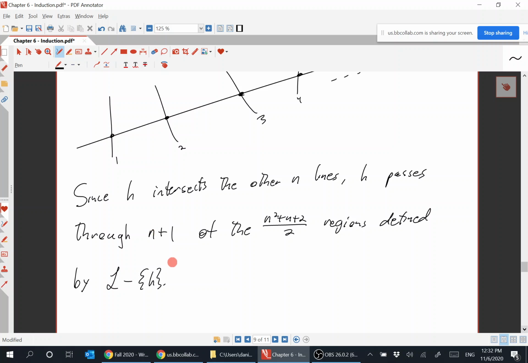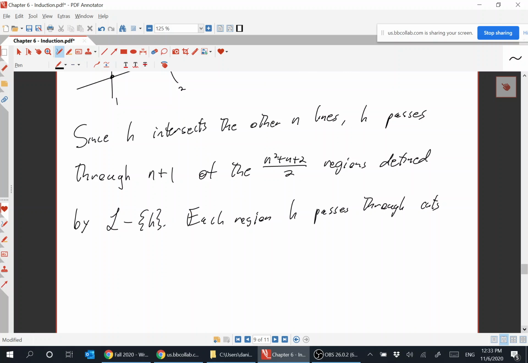Each region it passes through gets cut into 2 subregions. So L itself, this gives a total gain.